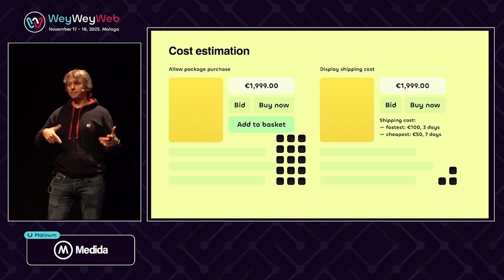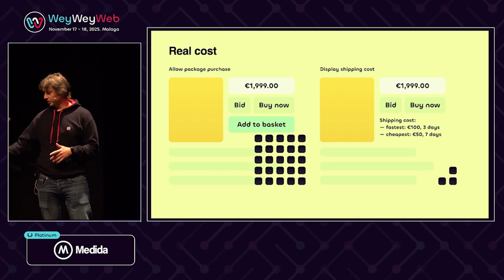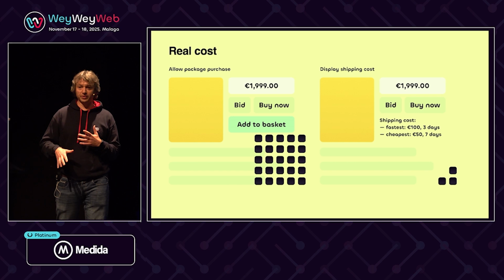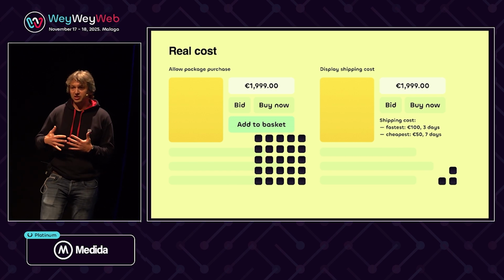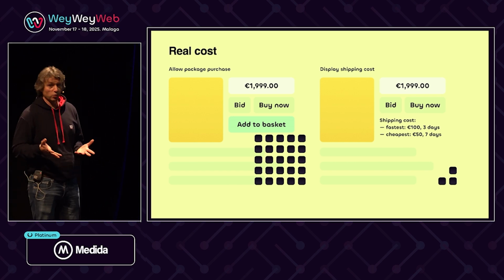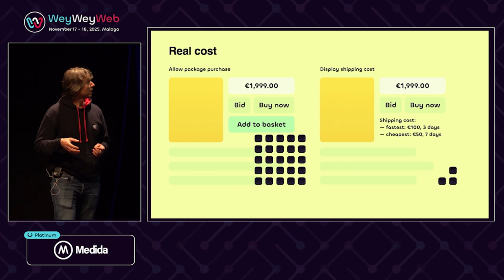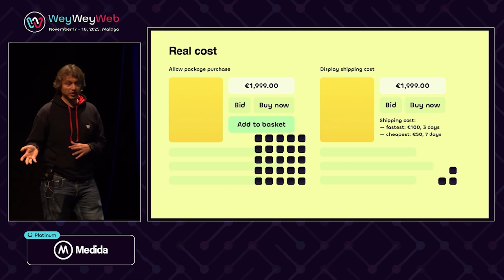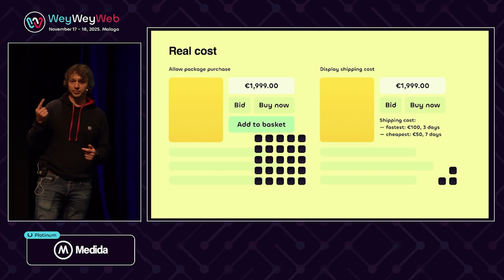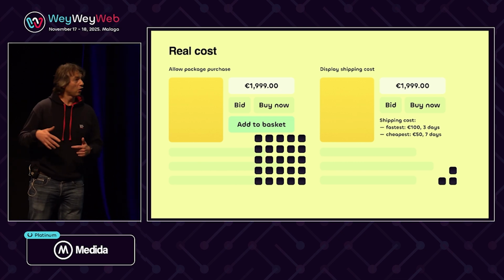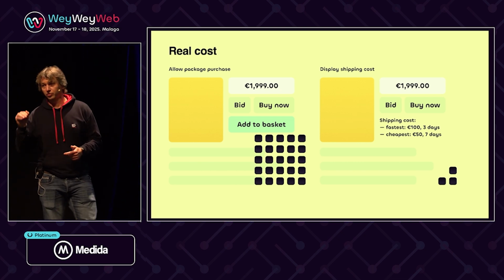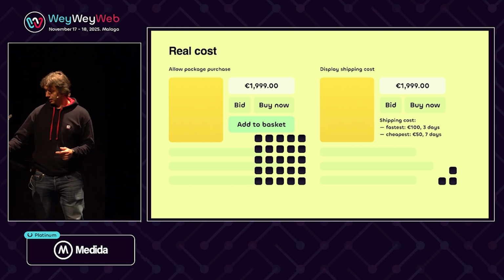When we eventually built both features, the real cost for the packaging feature happened to be even higher. And this is usually the case because we tend to estimate smaller projects with higher accuracy. So all in all, the packaging feature took one team about half a year to build, while the shipping cost feature took about three weeks.